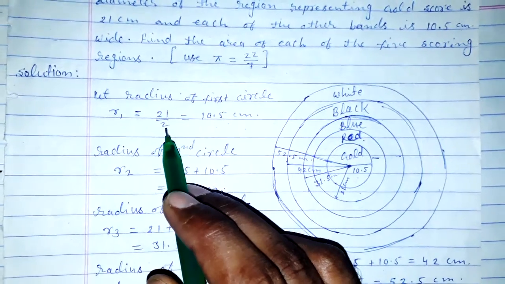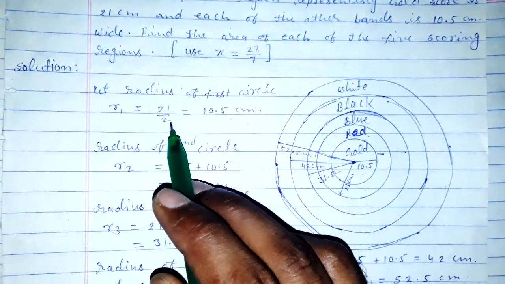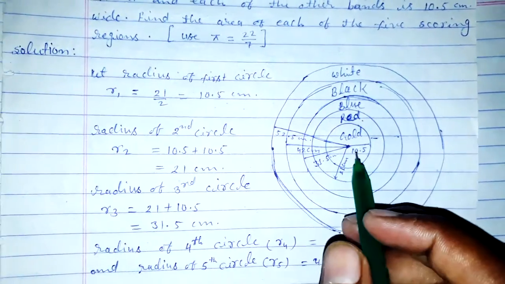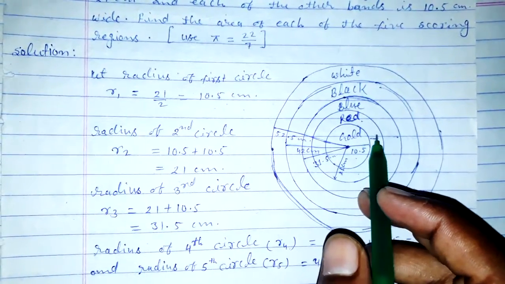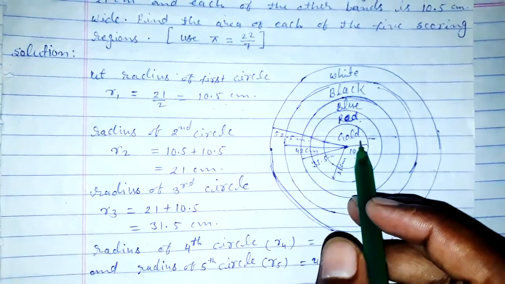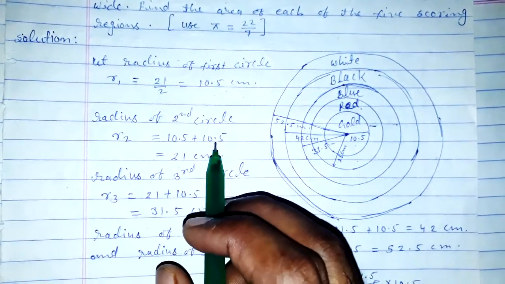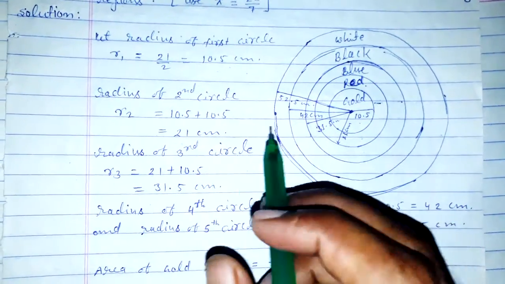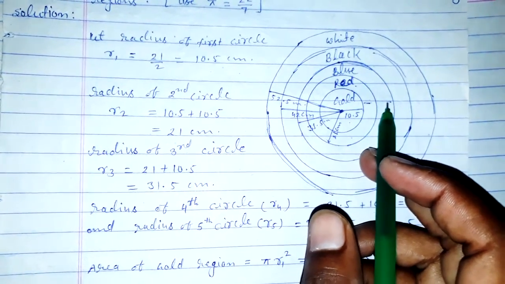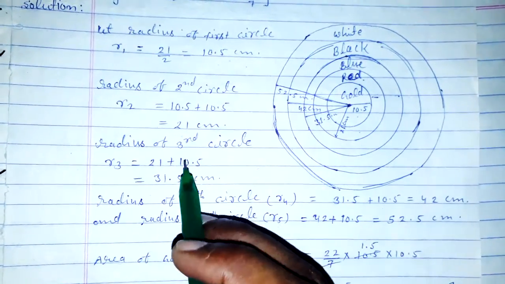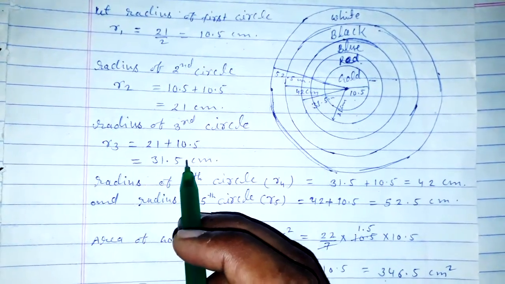Diameter upon 2 is equal to radius, so divide, and this is 10.5 centimeter. And for the second, because the width is 10.5 centimeters, add 10.5 centimeter to the first radius, so 10.5 plus 10.5 is 21 centimeter. Again add 10.5 centimeter, so the third radius is 31.5 centimeter.